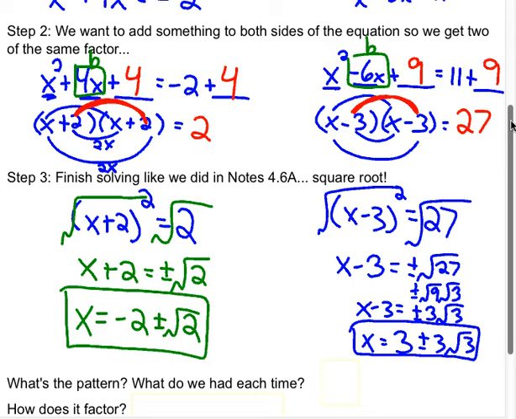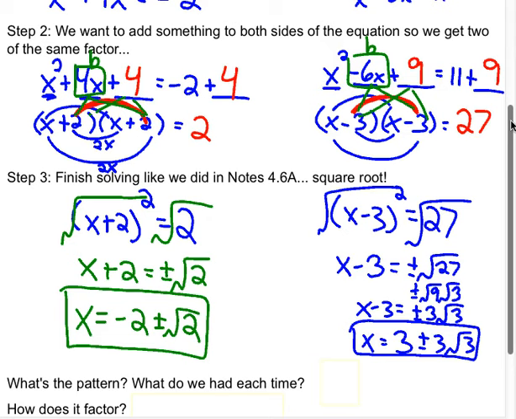What happened is I divided by 2 to get it to go into those factors. So I took B divided by 2, and then the number that I added came from squaring that. Both times I squared those numbers to give me what I was adding.